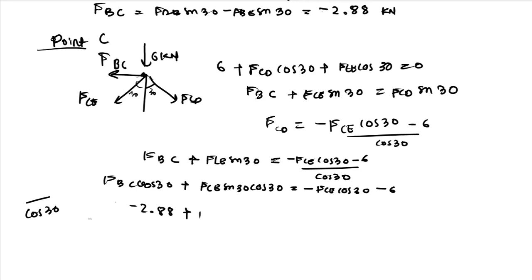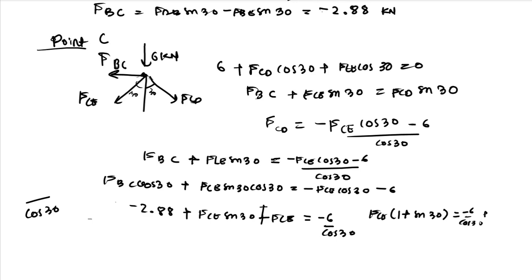Plus FCE sin 30 plus FCE is equal to minus 6 by cos 30. So FCE times (1 plus sin 30) is equal to minus 6 by cos 30 plus 2.88.